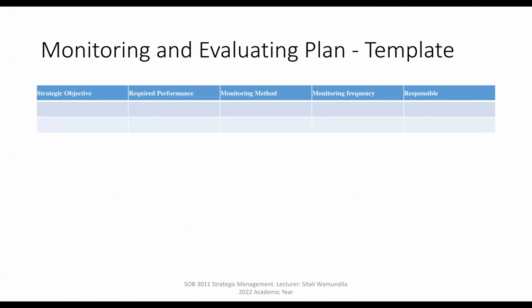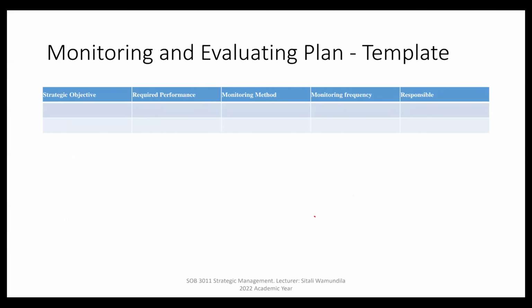Now, there is a template here for a monitoring and evaluation plan. A very interesting template. It starts with the strategic objective. Write down the strategic objective. Once we have written down that objective, you have to couple it with the required performance.